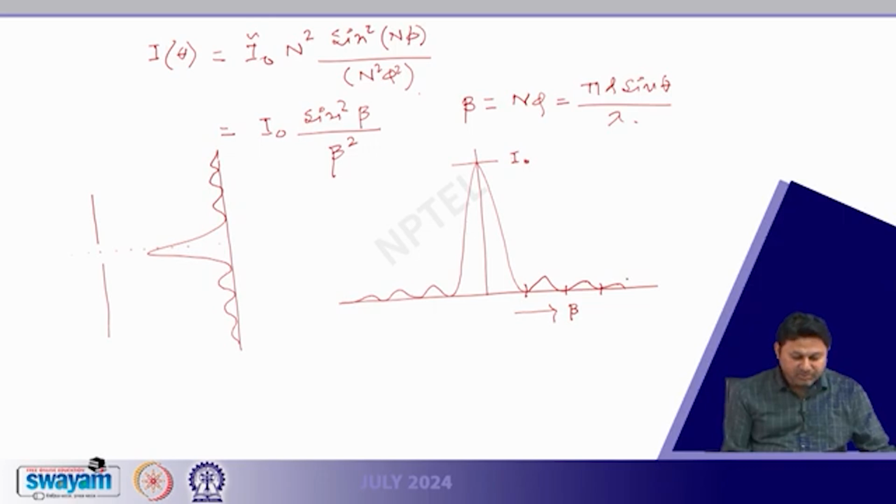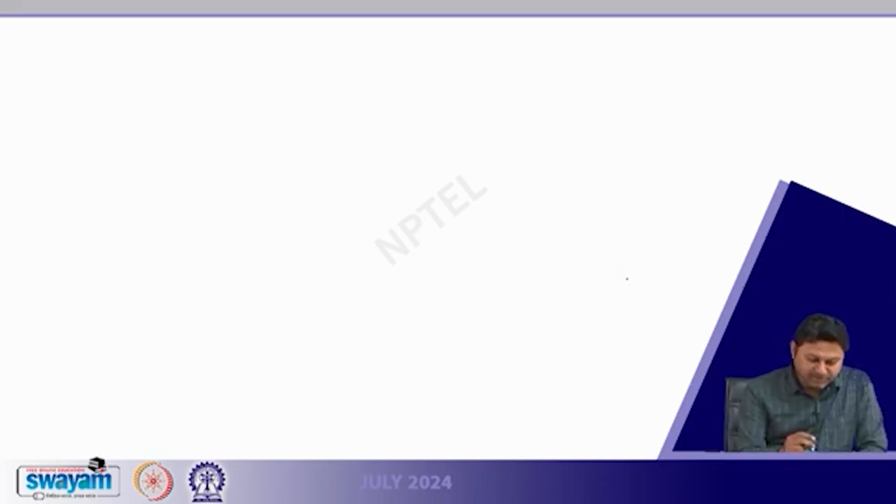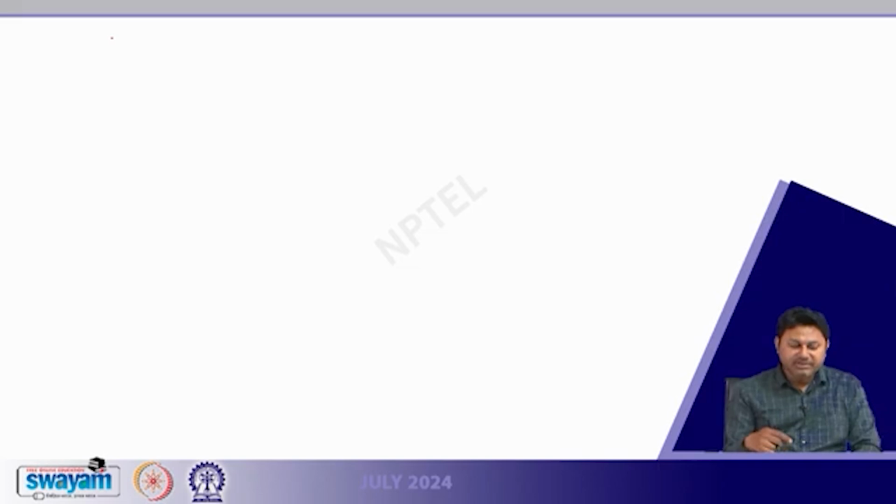This calculation now we will do in a more general way without assuming the linear oscillator model, and that is a straightforward single slit diffraction calculation, and we also proceed with this calculation for double slit and multi slit. So, let me first develop this calculation.